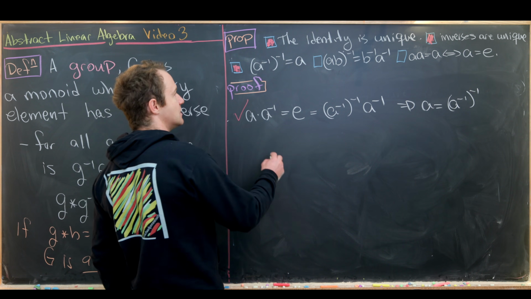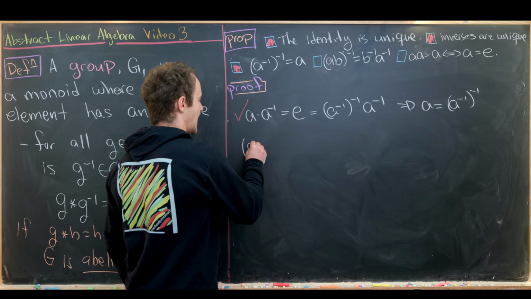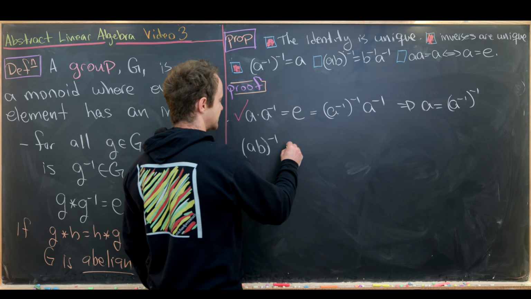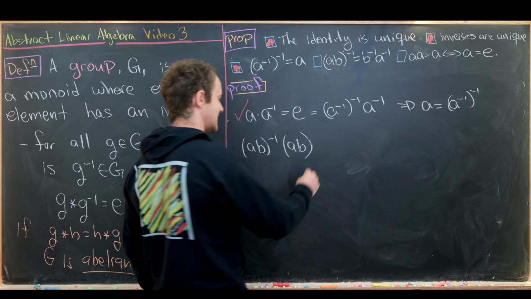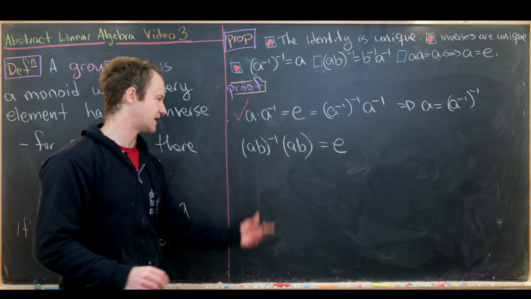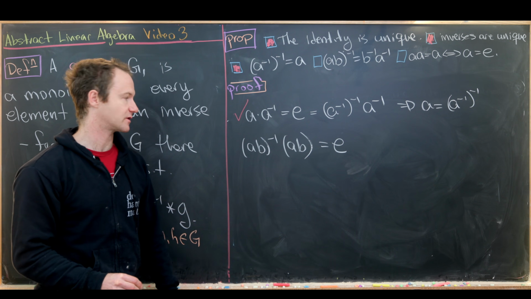Well, let's maybe notice that we could take (AB) inverse times AB. And see, that's the same thing as the identity because we're multiplying something by its inverse.